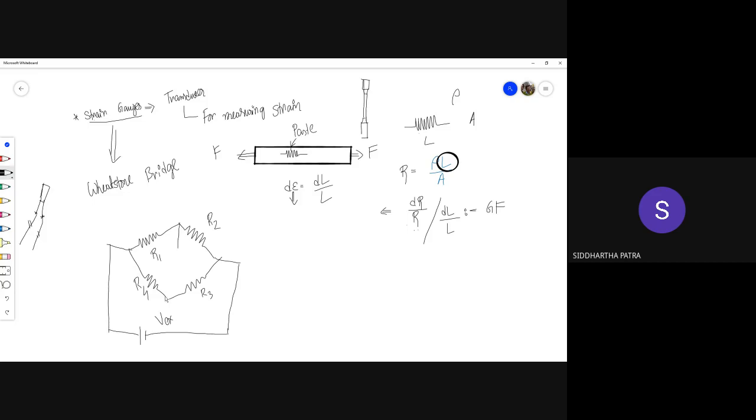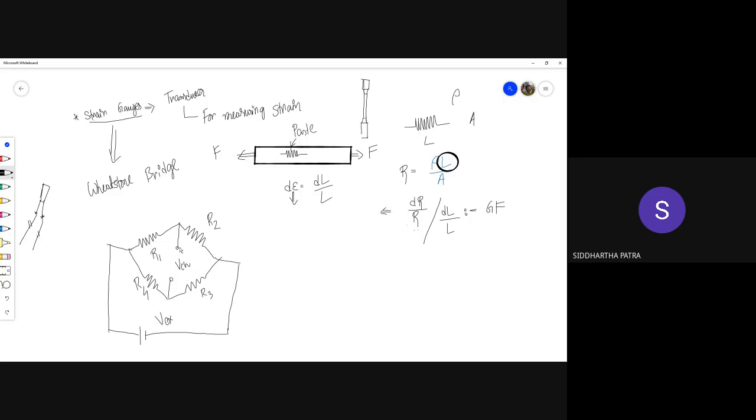And between R1 and R2, and between R4 and R3, if I take two different points, the difference in the voltages between these 2 points, let's call it VCH, where CH stands for change. Okay.